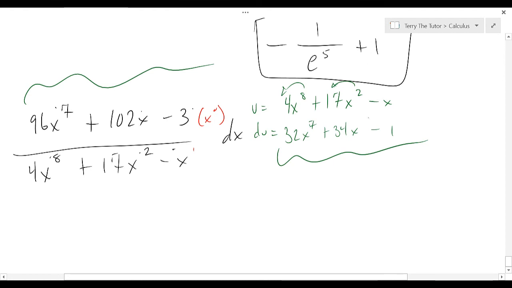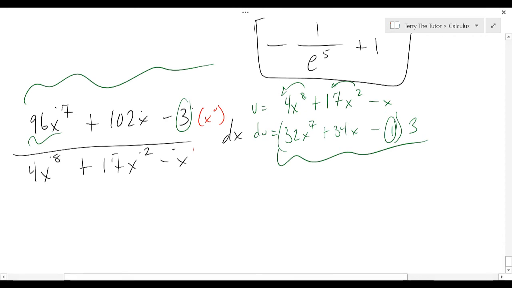Looking at the difference, I've got a 1 here and I've got a 3 here. I'm going to go for a shot in the dark and say if I multiply everything by 3, then 32 times 3 is 96. Okay. 34 times 3 is 102. Okay. Our logic lines up.